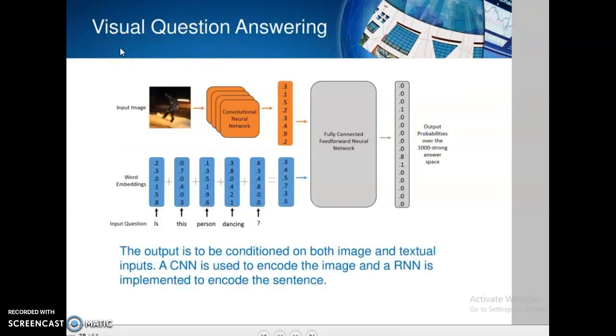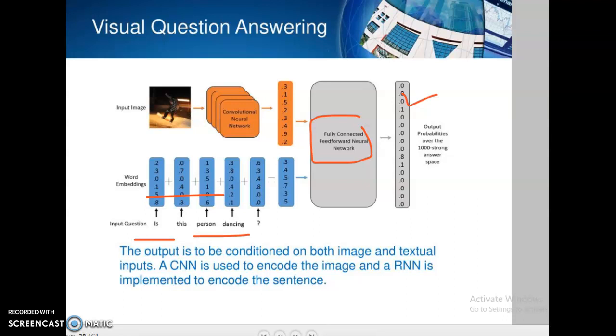Visual question answering. Input image goes into a convolutional neural network. Word embeddings for the input question: is this person dancing? Then a fully connected feed-forward neural network outputs probabilities over the 1000 answer space.